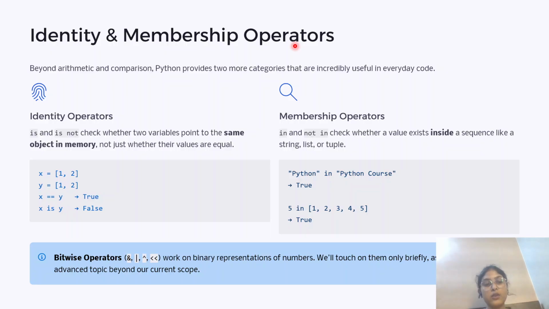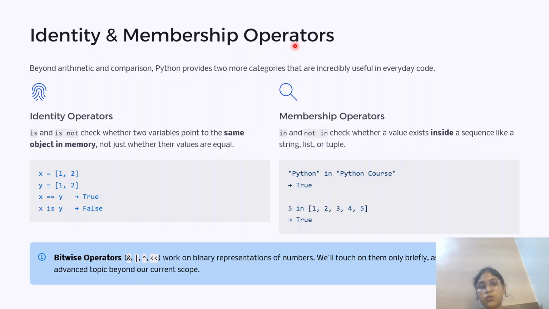Right now, x equals to [1, 2]. Here we are using a list. This is another thing that I will let you know: a list is something that is inside square brackets. Just understand this thing. And y is given the same value. "is" and double equals to are totally different. See, x equals equals y?